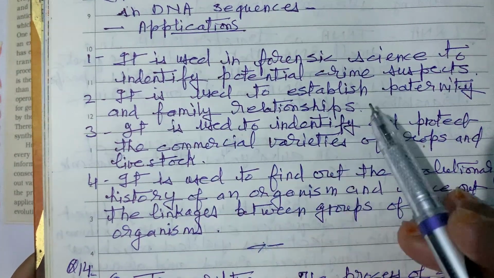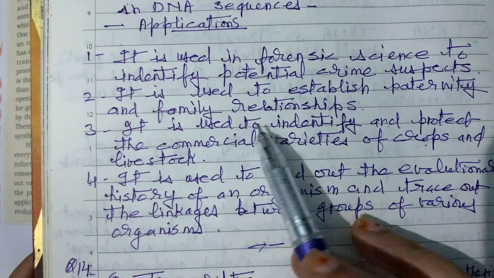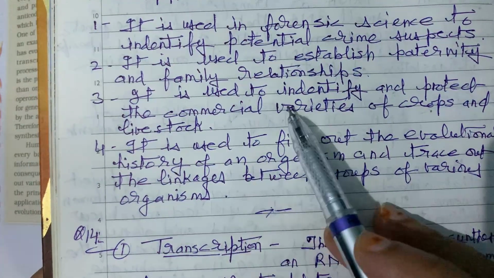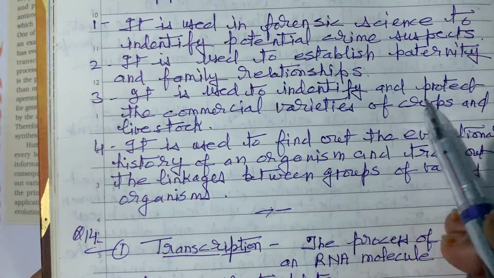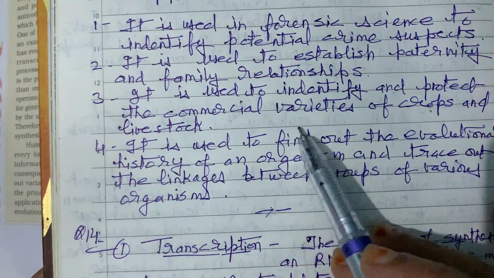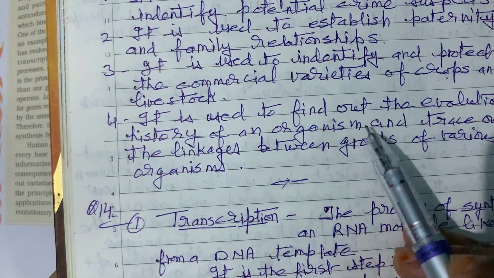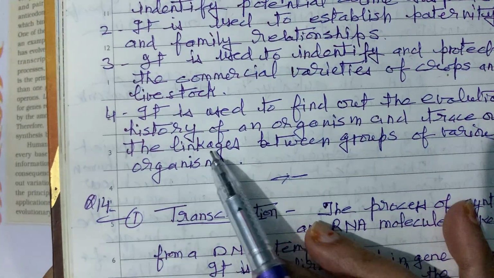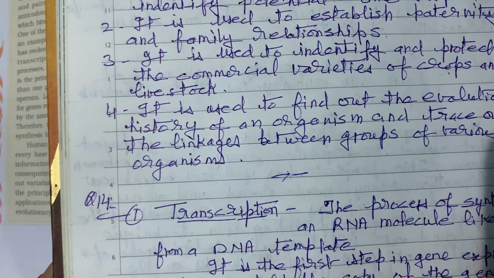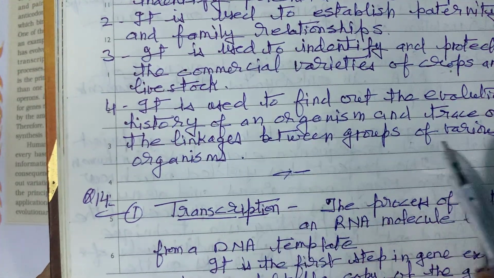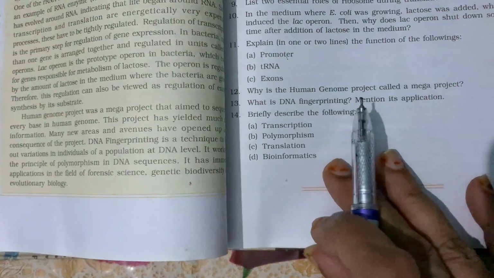It is used to establish paternity and family relationships. It is used to identify and protect the commercial varieties of crops and livestock. It is used to find out the evolutionary history of an organism and trace out the linkages between groups of various organisms.